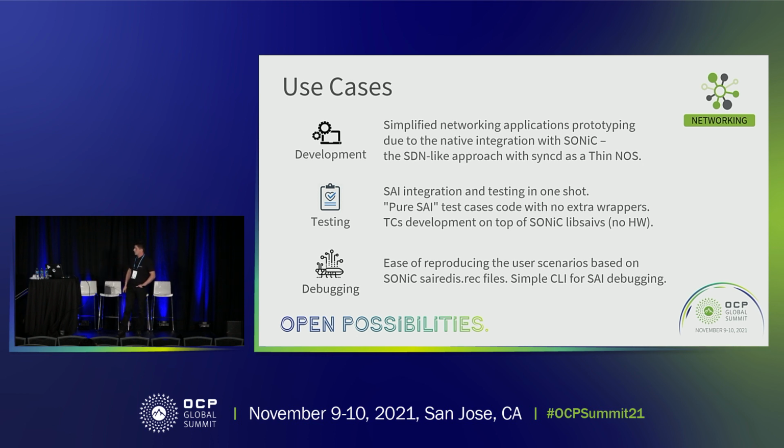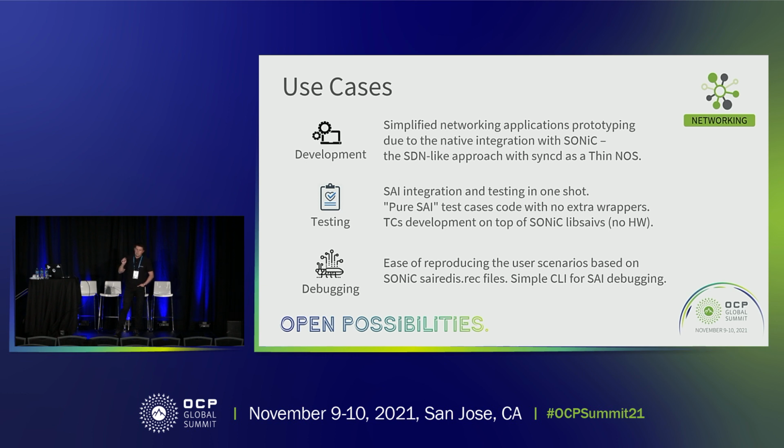And of course, debugging. By debugging, we mean a few things that we already added into SAI Challenger. First of all, as you know, SONiC produces a so-called SAI Redis record file, which is the configuration that our agent pushes through Redis to the syncd. So this is stored as strings.